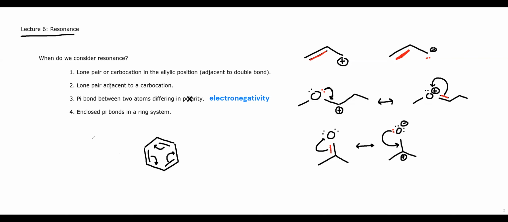where we could also draw those double bonds in the other positions, and it's totally equal. It doesn't matter where we draw those double bonds when we have an enclosed ring system with double bonds in it like this, okay? Because those double bonds could be drawn in either spot.